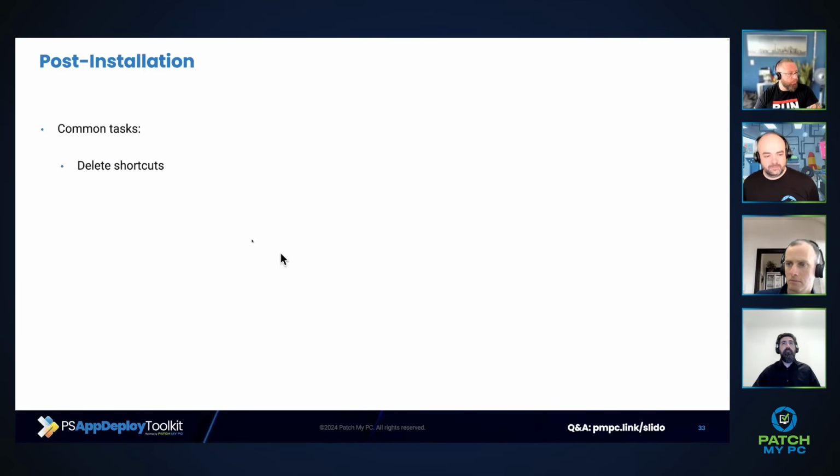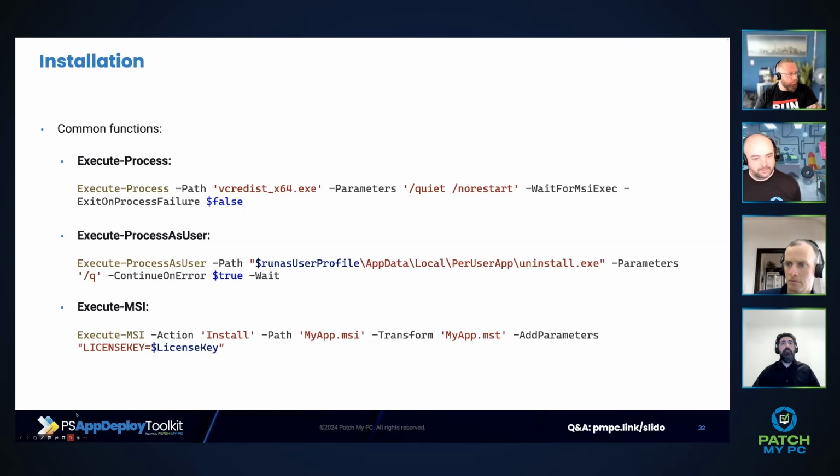If you have an MSI package, there is execute MSI. You can give it the action of install, uninstall, or repair. You can feed it the path to the MSI. It will automatically find the package within the files folder. If it's anywhere else, you'll have to give it the full path. Same goes for the transform.